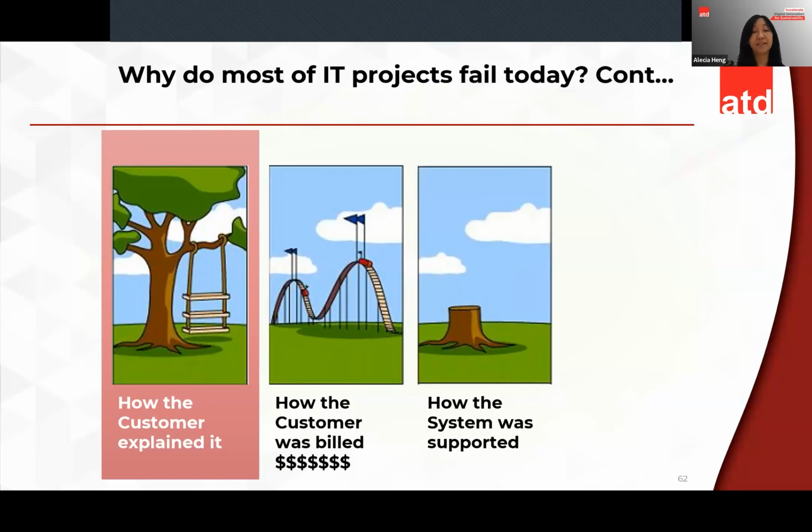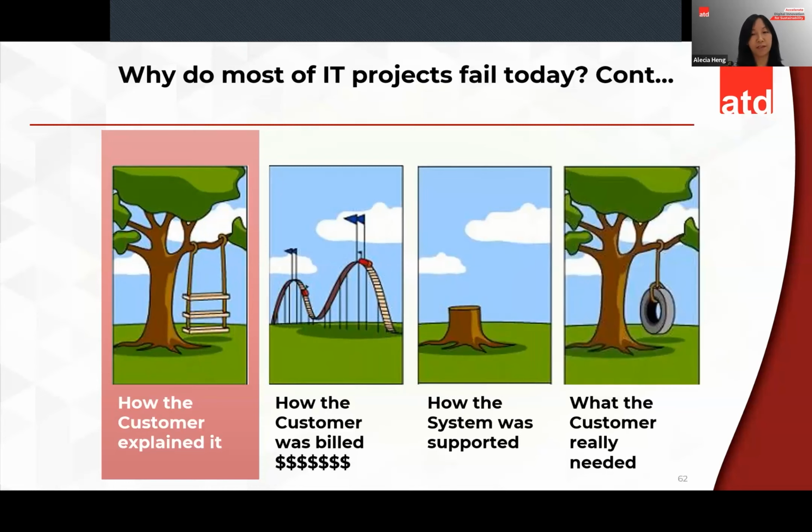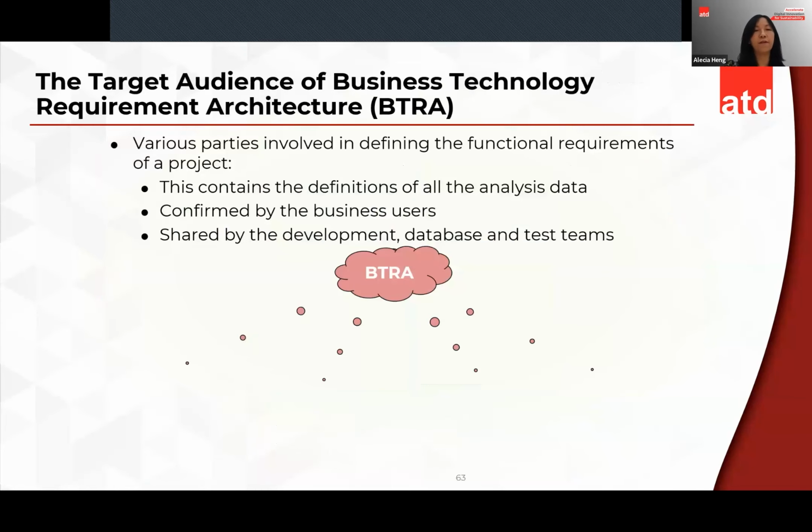And the system has no support, no proper documentation, but actually at the end of the day, what the customer really needs is a swing like this. So it is important for two parties, and not only the one who explains and the one who captures the requirement need to know how to do it correctly, but also everyone who is involved in the entire process and the life cycle of the software development, right?